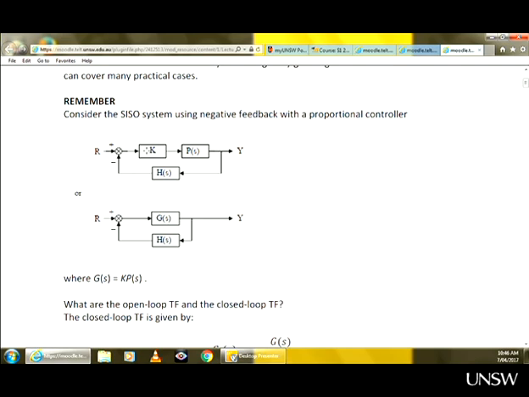But what if they don't? Then that's why we need at least one parameter that we can play with, in this case K, to make sure that those poles will be where we want. Sometimes it's not only stability we are interested in. Sometimes we don't want any oscillations to happen. We want the system to be critically damped or overdamped.